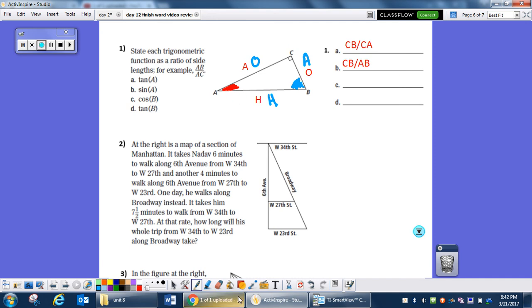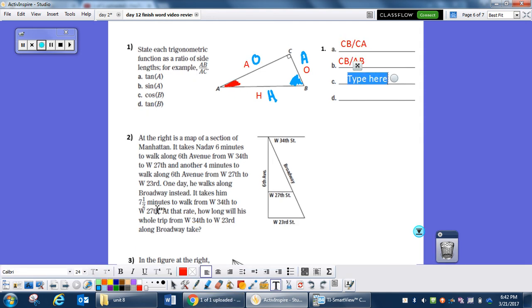So cosine of B would be adjacent over hypotenuse, so the adjacent side is the blue A, over the hypotenuse, which is AB. And then tangent would be opposite, CA over CB. Okay?